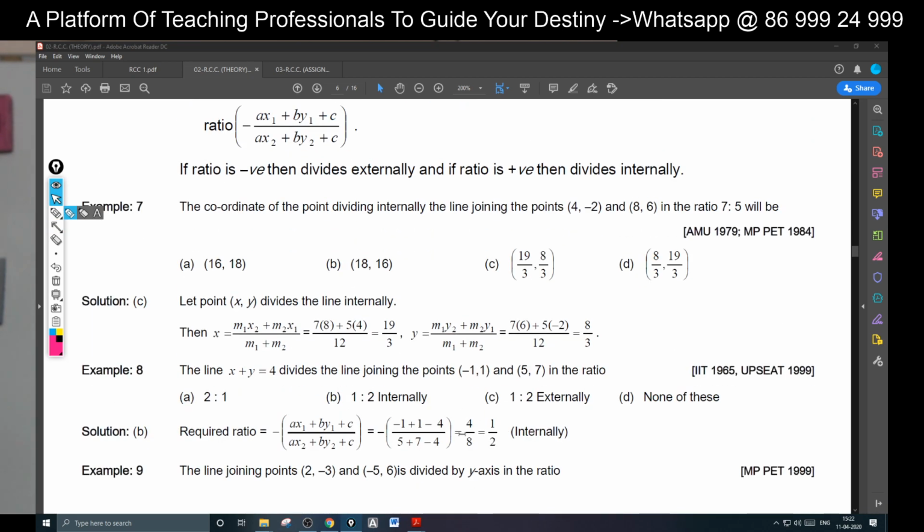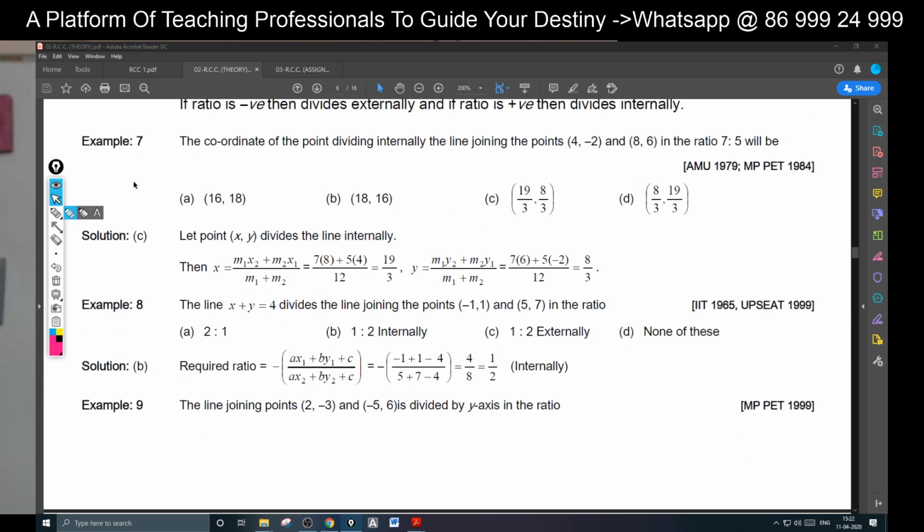Next, let us see this one now. Without putting your pen on the paper, let us try to count this. The line x plus y is equal to 4 divides the line joining minus 1, 1 and 5, 7 in the ratio. So what is to be done here? You have to substitute this point directly in this one. By substituting that point directly, what do you get?